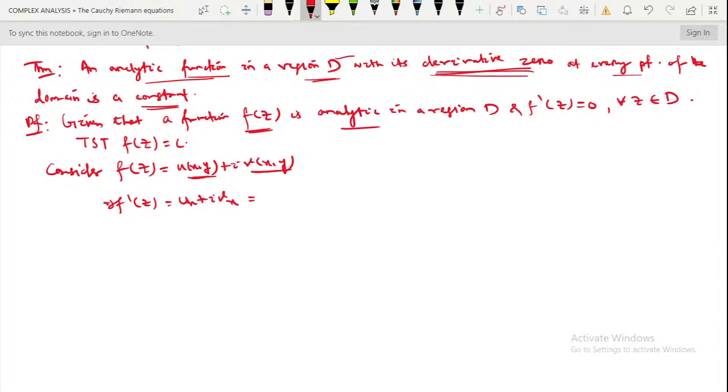Applying the CR equations, ux is equal to vy and uy equal to minus vx. So I can write this as minus uy, applying the CR equations, which are ux equal to vy and uy equal to minus vx. So your f dash z equals this, or you can say this.